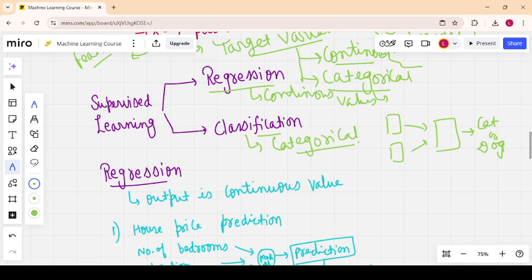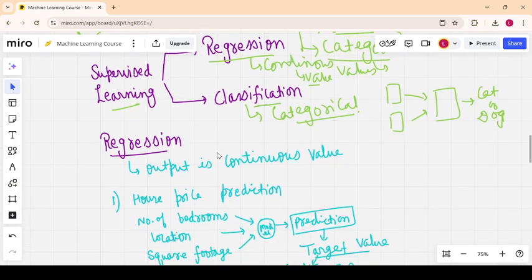But in the case of regression, we can have any value, like predicting temperature or house price. That is a continuous value. That is the main difference between regression and classification. These two types of tasks are solved under supervised machine learning. I will discuss regression and classification in depth.